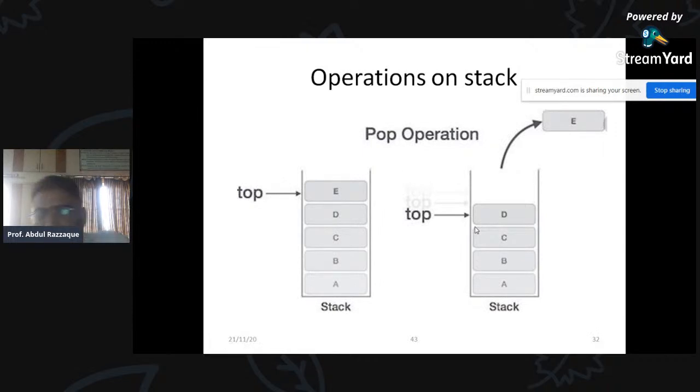So the same thing which I was telling you, here the element E is added. Now this indicates that we are eliminating E. So after eliminating E, as E is not part of the stack, my top is decremented by 1 to point to the previous element, right?